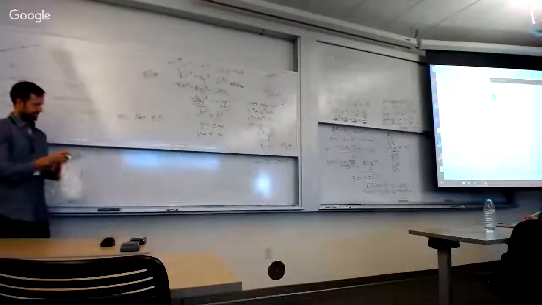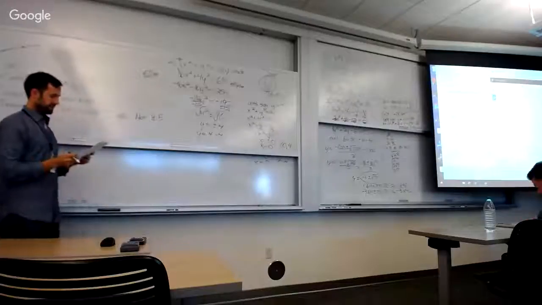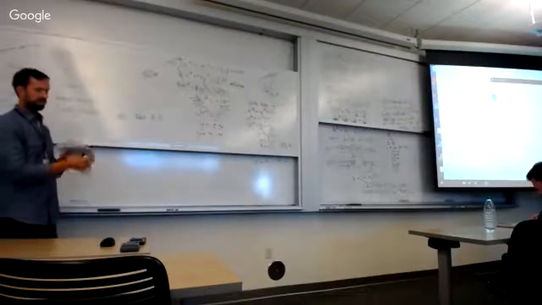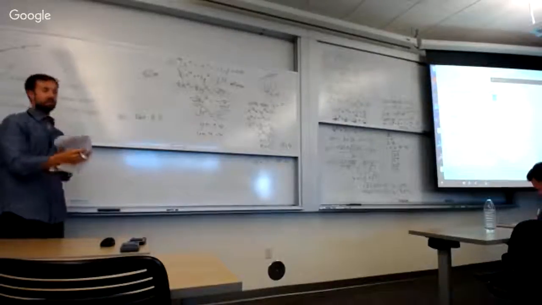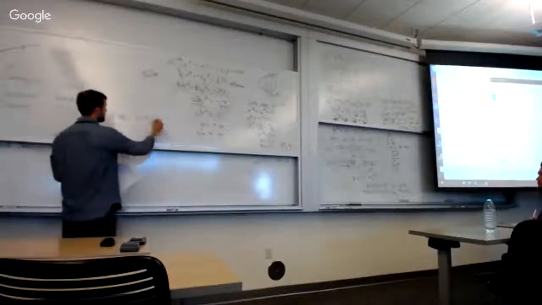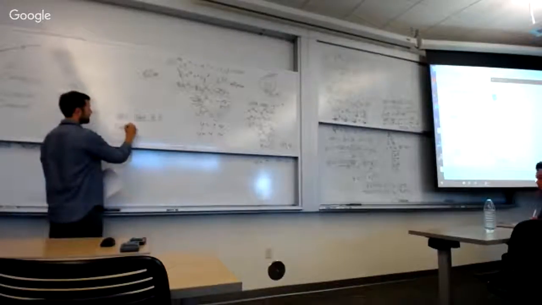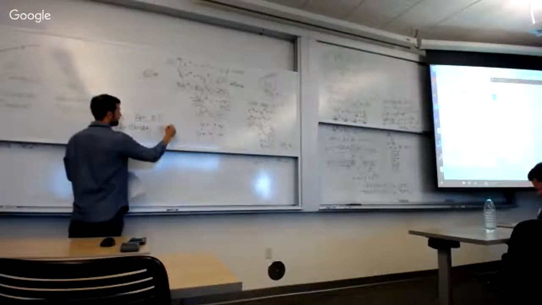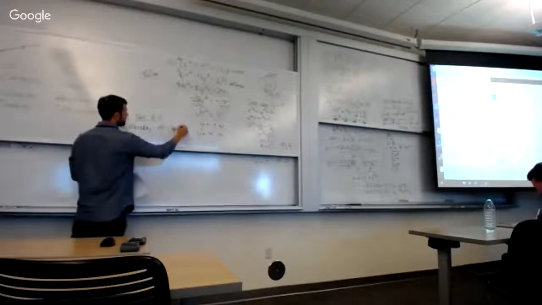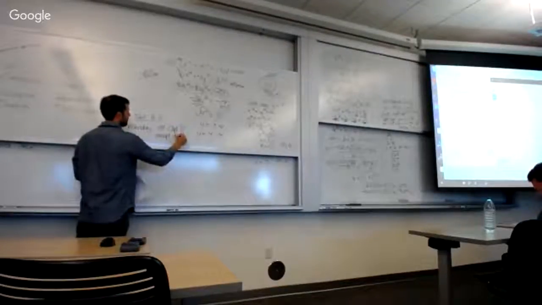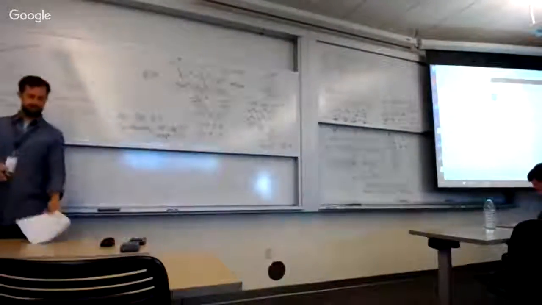But as far as the 8.7 section, you could go ahead and do section 8.7. Okay, so your homework due Monday is all chapter 8 except 8.5. Okay, that is what is due on Monday.